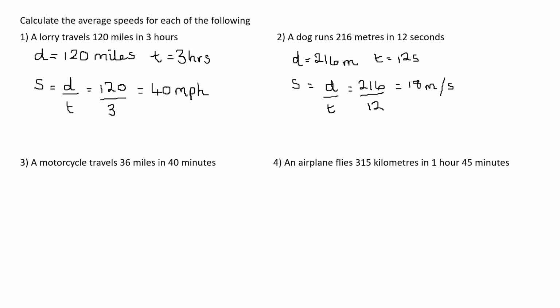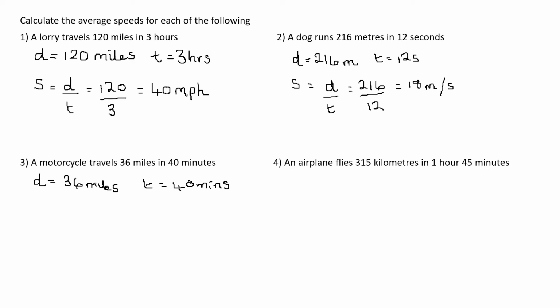Question 3. A motorcycle travels 36 miles in 40 minutes. So our distance is 36 miles and our time is 40 minutes. But we wouldn't really want miles per minute. We'd rather have miles per hour.